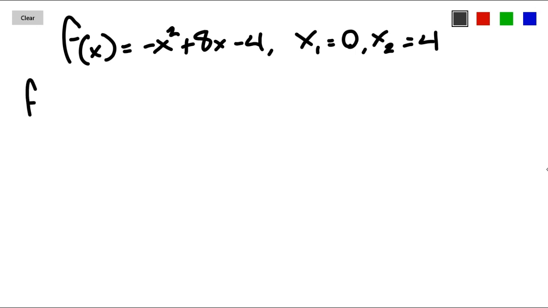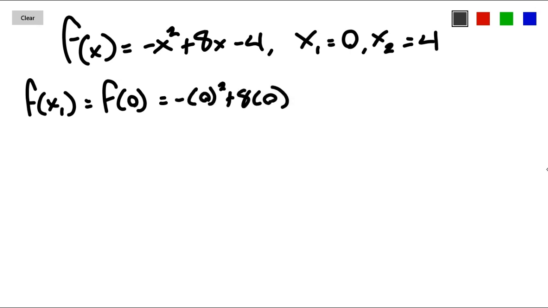So I want to find f of x1. What I would do is I plug in 0 for x, because 0 is x1. So when I do that, I get negative 0 squared plus 8 times 0 minus 4. These two terms are going to cancel, and I'm just left with negative 4.